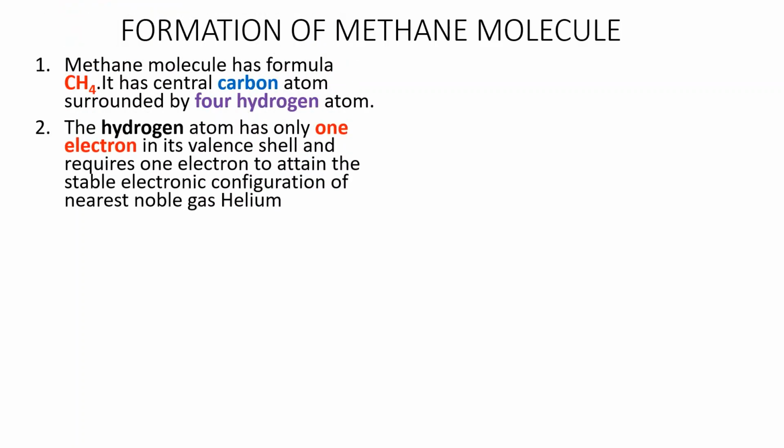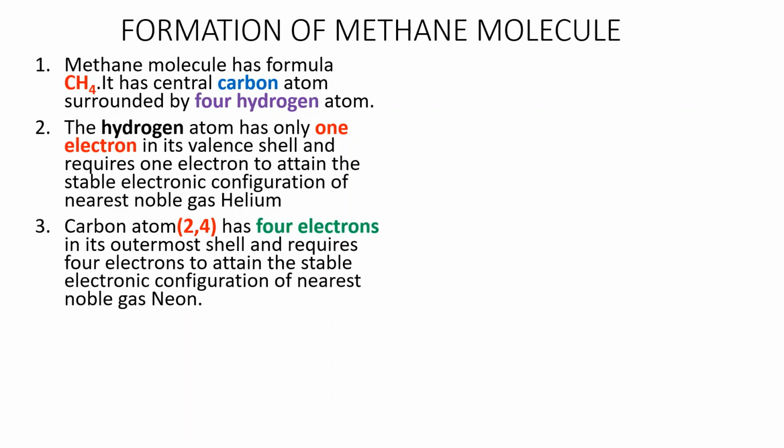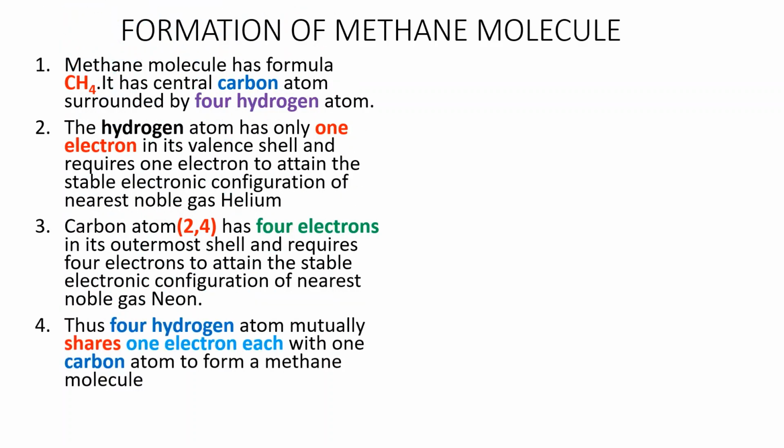Hydrogen requires 1 electron to complete a duplet arrangement, whereas carbon requires 4 electrons to complete an octet arrangement. So both carbon and hydrogen share each other's electron and result in the formation of a stable methane molecule in which there are 4 carbon-hydrogen single bonds.